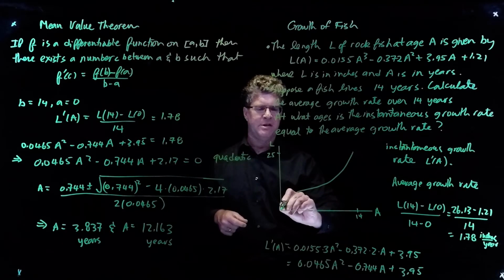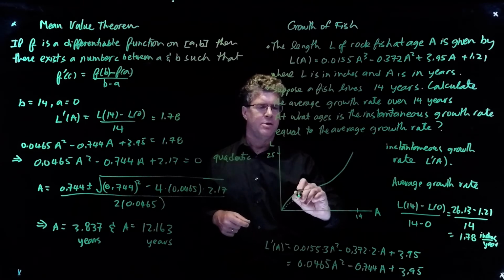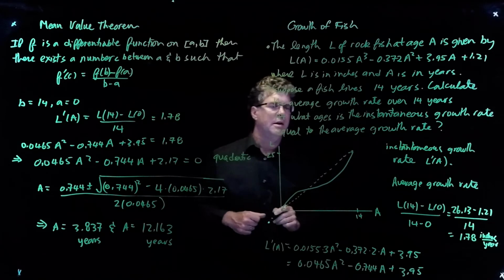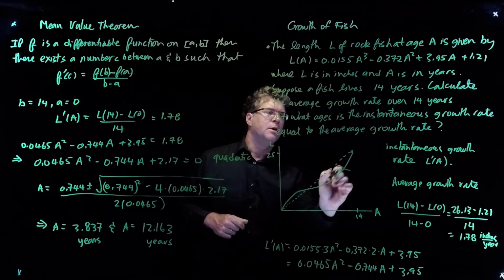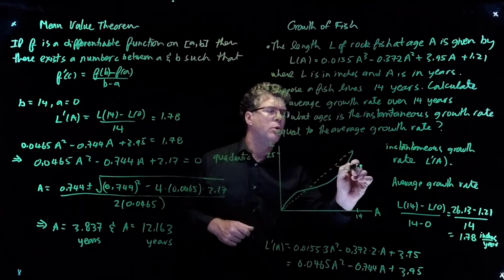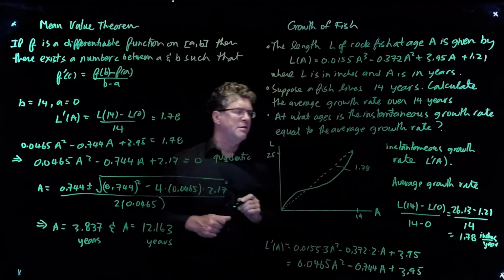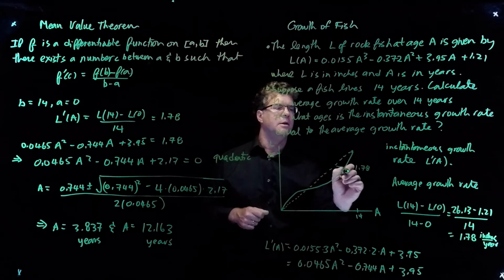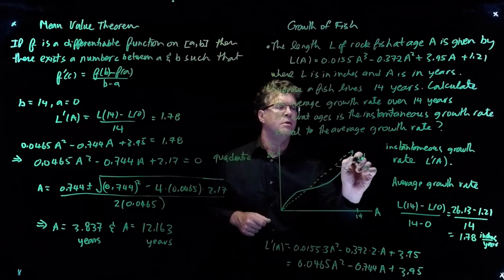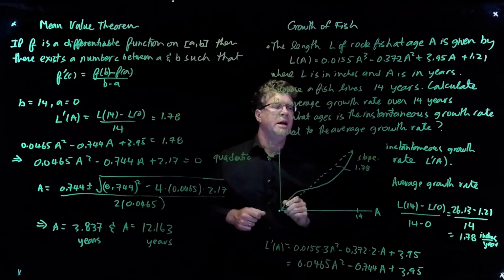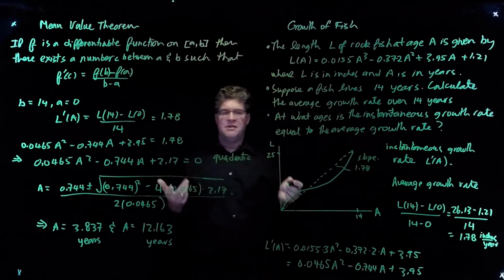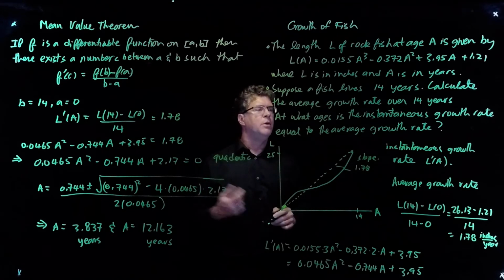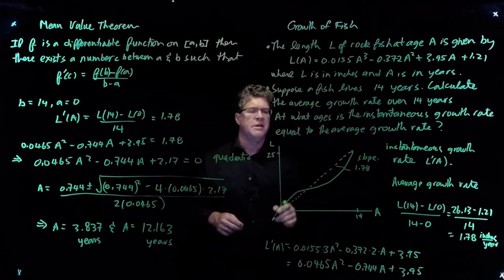Okay, so we can understand this now in terms of this diagram. This line has a slope of 1.78 because it's the rise, L of 14 minus L of 0, divided by 14. Then we ask at what ages this curve has a tangent line with slope equal to 1.78.